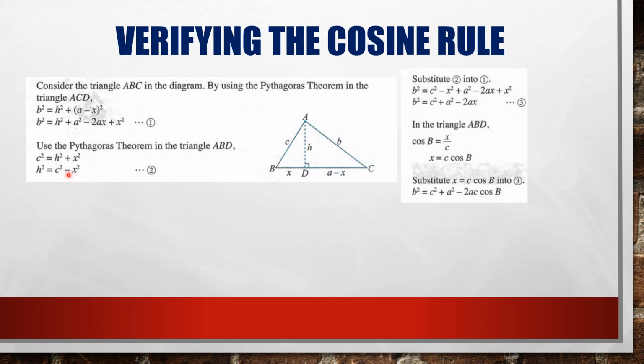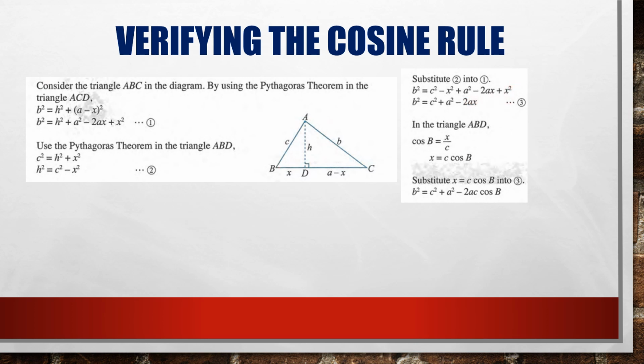After we make h square the subject, we substitute into the first equation. That means substitute the second equation into the first equation. So it becomes b square equals, for h square we substitute c square minus x square, plus a square minus 2ax plus x square.